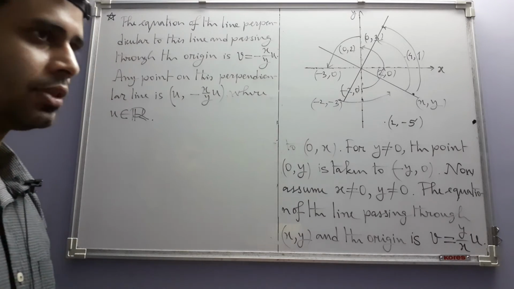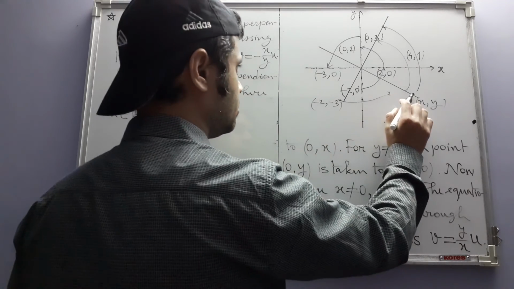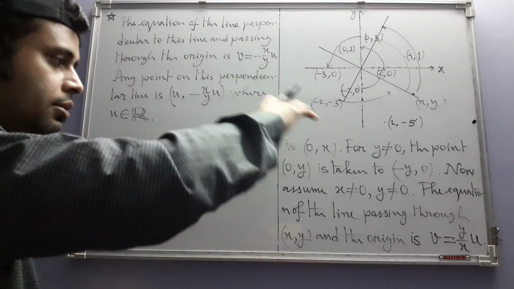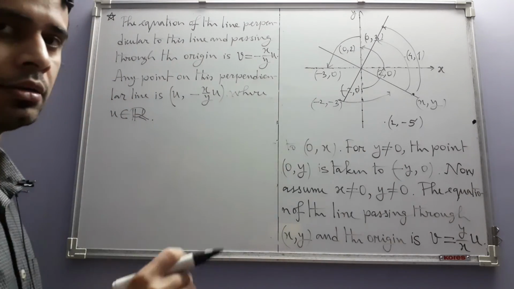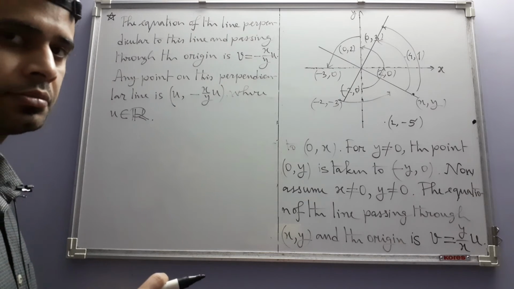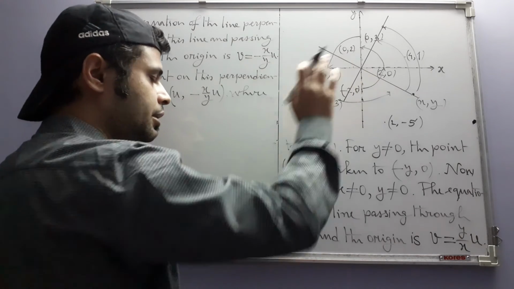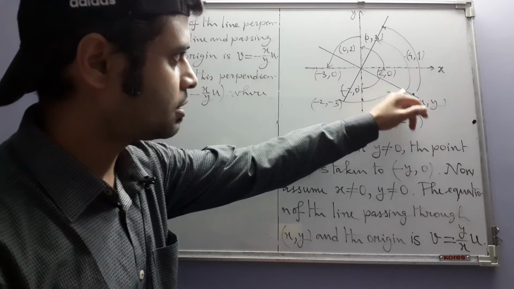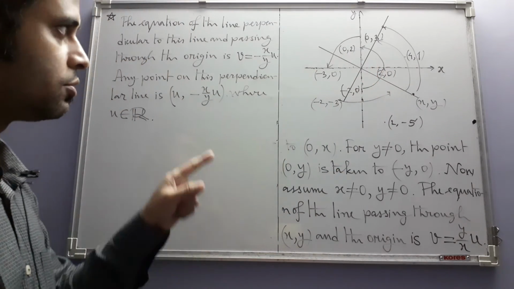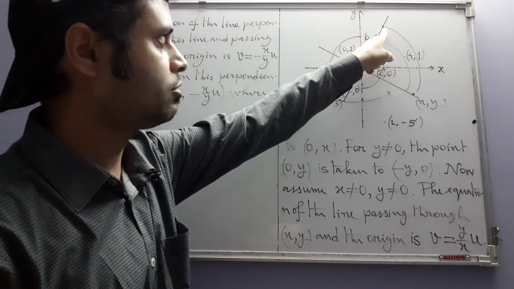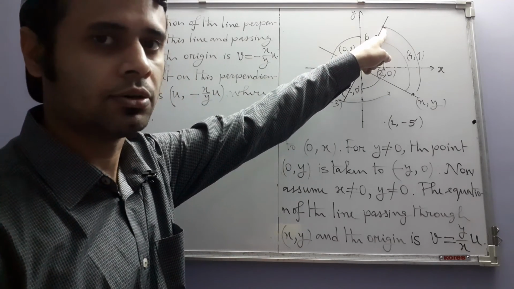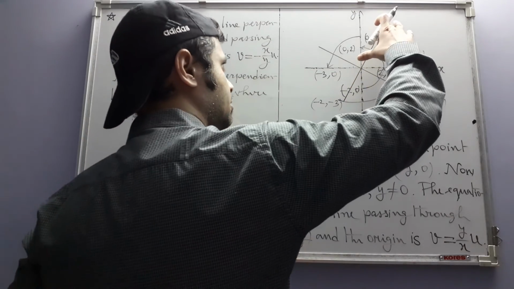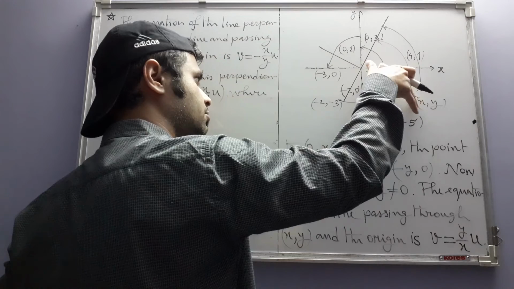It is rotating along that circle on which it lies, whose center is at the origin and whose radius is the distance of the point from the origin. So to find the actual location of this point after the rotation, we have to impose the condition that this distance is equal to this distance.